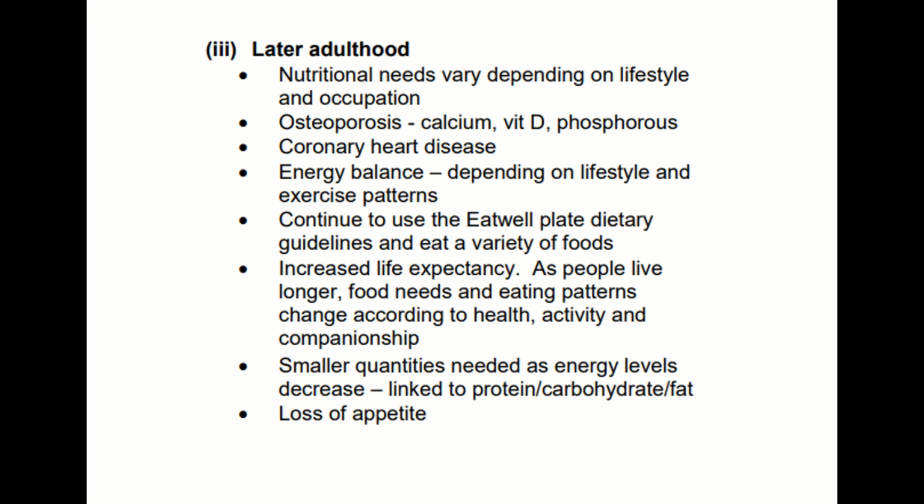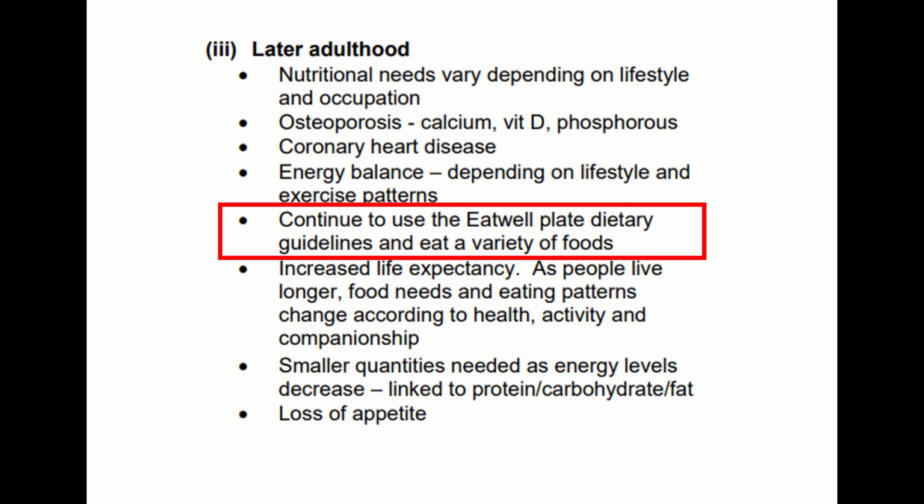And smaller quantities are needed because likely to have less energy levels and be doing a lot less sport. This is linked to protein, carbohydrate and fat, and a loss of appetite. Generally, as people get older, they do tend to have smaller appetites and eat a lot less at meal times.